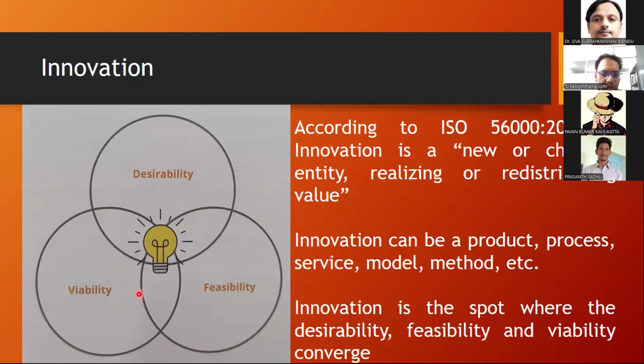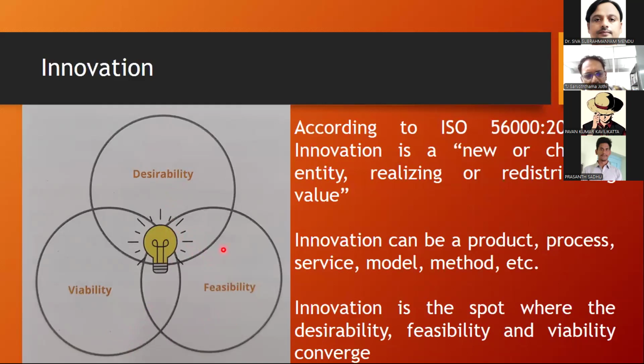If any one of these aspects goes down or is not popping up, then the innovation will die down. Okay, so that is how a lot of innovations do not come to the market stage. Any one of these, either desirability or viability or feasibility, will show a downtrend, and customers are not happy with that product.